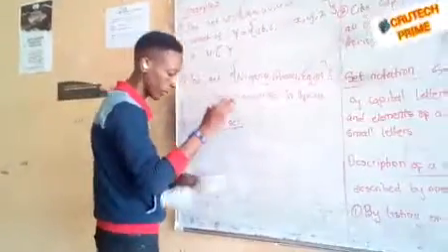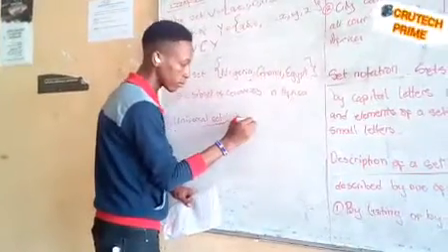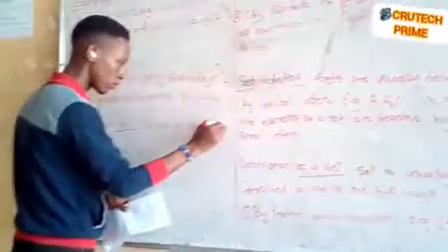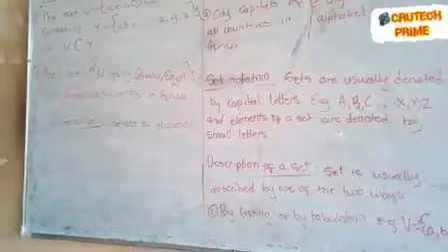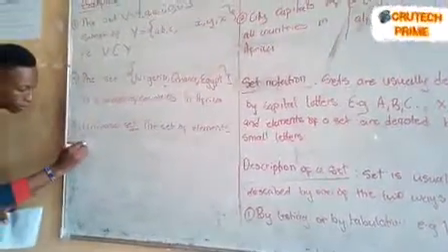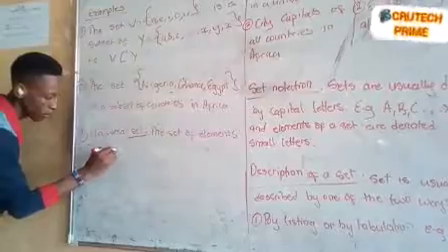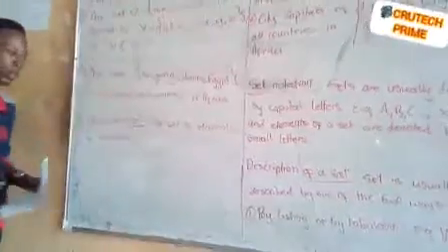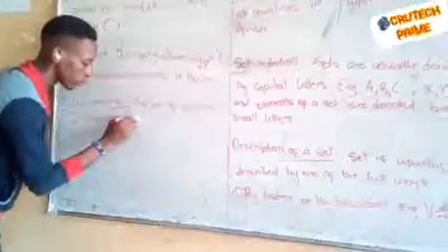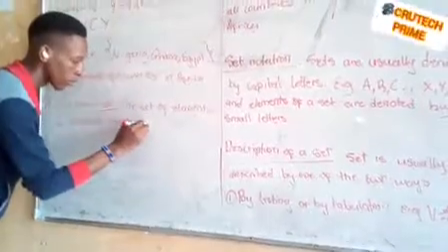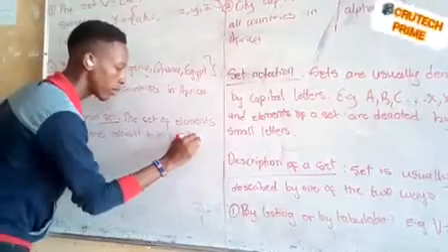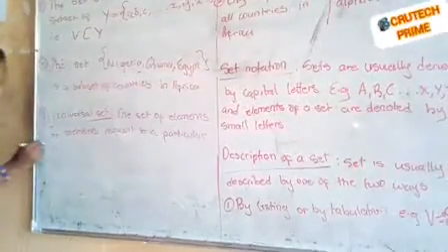Now, what does it mean for a set to be universal? The set of elements or members relevant to a particular application.